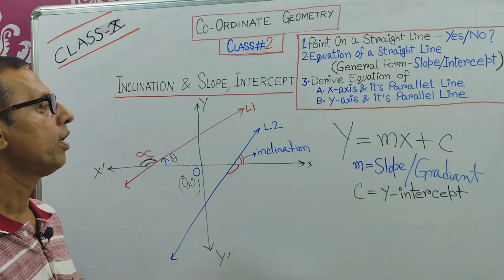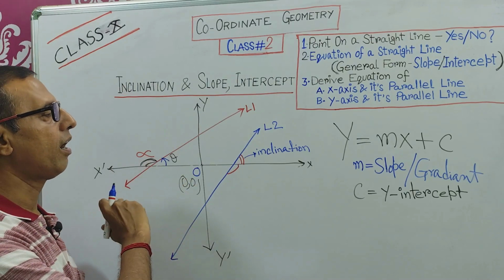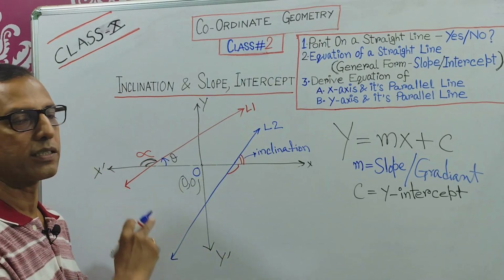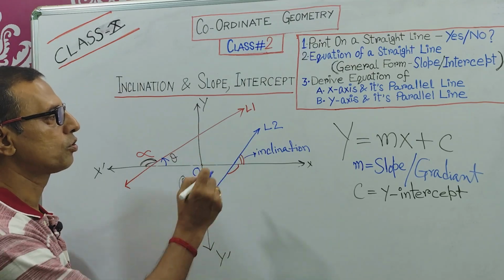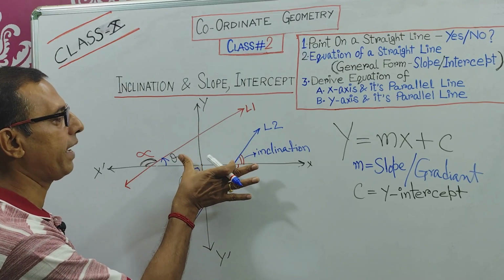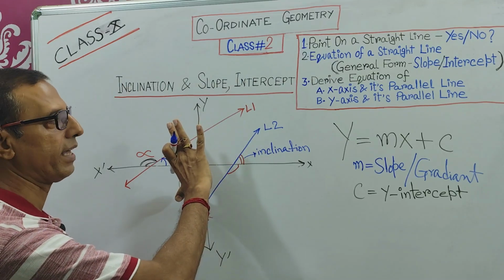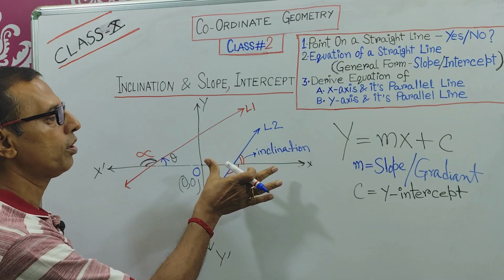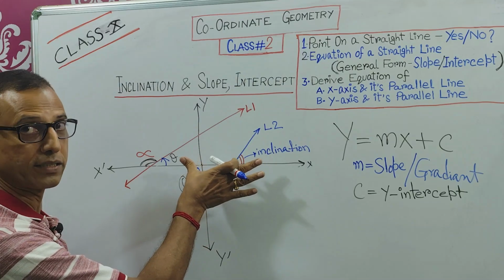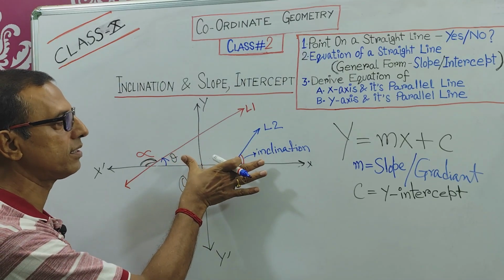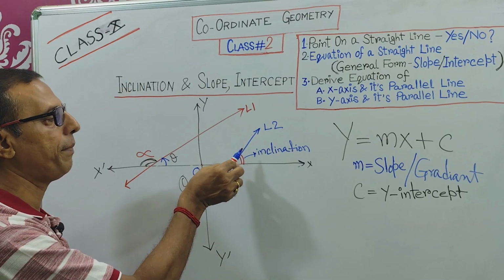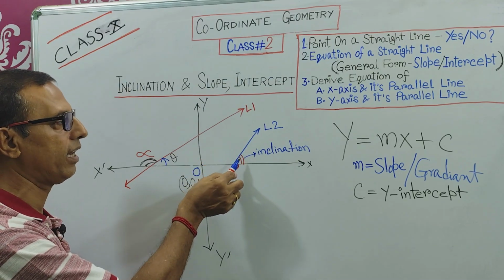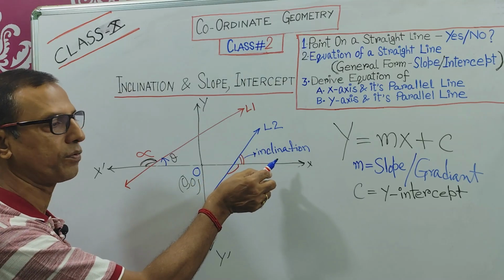All the formulas and concept building are done based on this assumption. So always assume the line on the x-axis is moving in the anti-clockwise direction, and the angle of the line with the positive direction of the x-axis is the inclination.